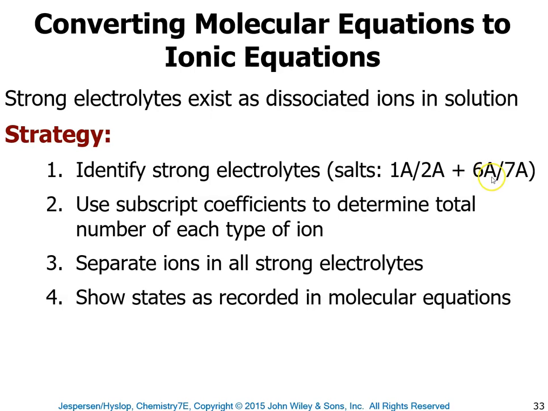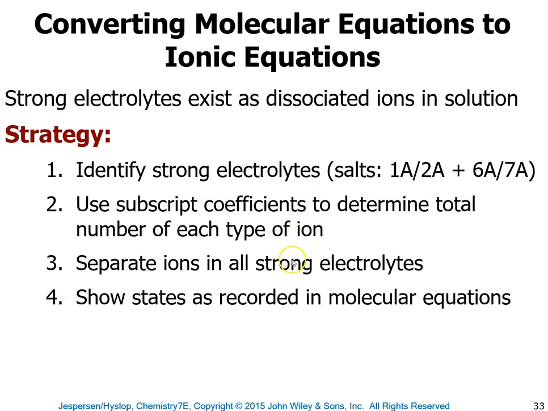But the 6A and 7A compounds, on the right side of the periodic table, generally break apart really well. You'll want to use the subscripts and the coefficients to determine the total number and each type of ion. Then do the crisscross rule, kind of going backwards, to determine the charge.